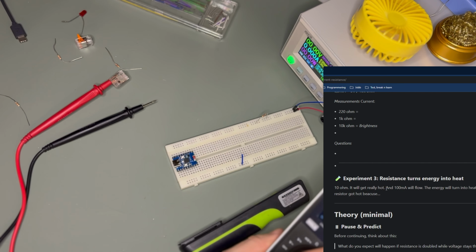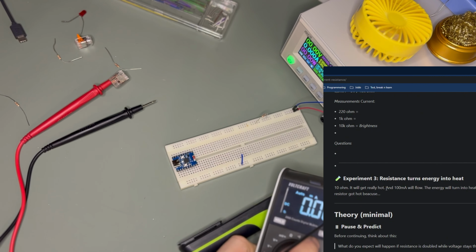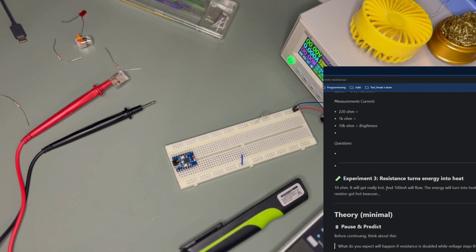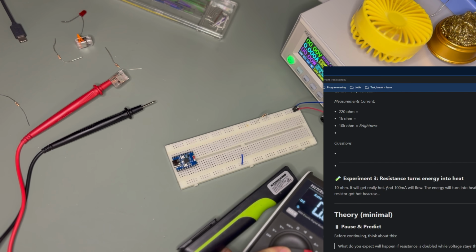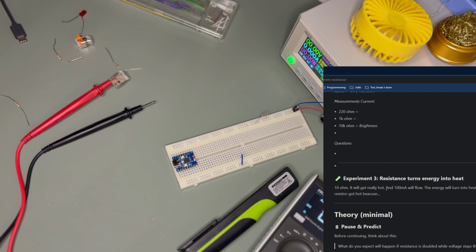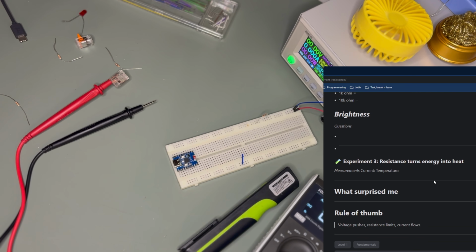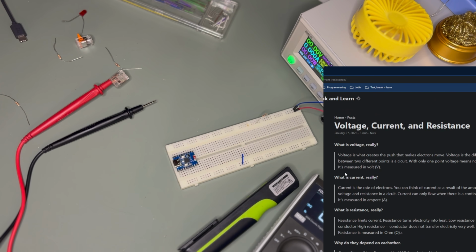I found out that this one is not accurate. It draws a lot of power when measuring current. It's not a high precision instrument. I will do some tests like this, and I will post them here.